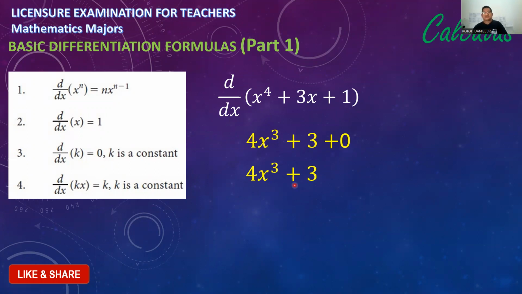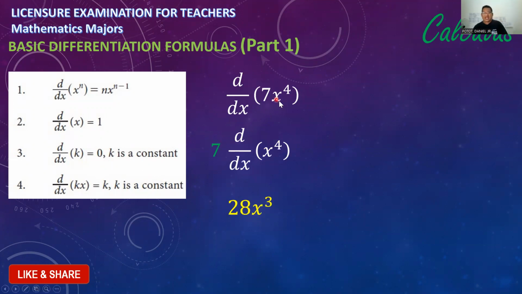All right, let's try to have one more example. So the derivative of 7x to the 4th. As you can see, this one, you can't find it in this formula. So what you're gonna do is simple, just rewrite it first. The derivative of 7x to the 4th ay parehas lang siya. It's actually similar if you put the 7 outside of it.